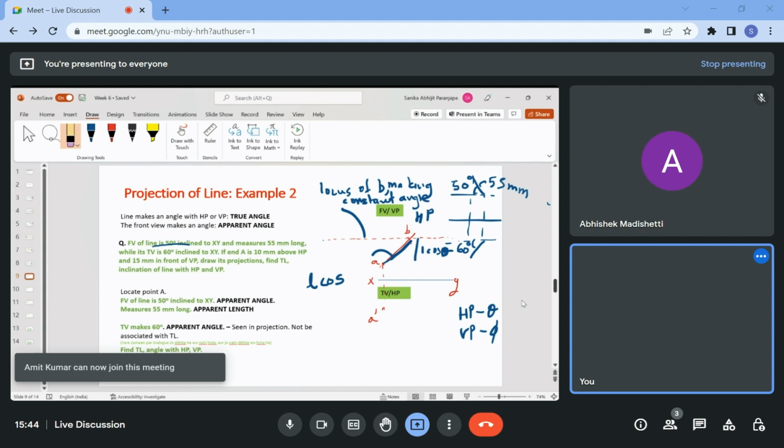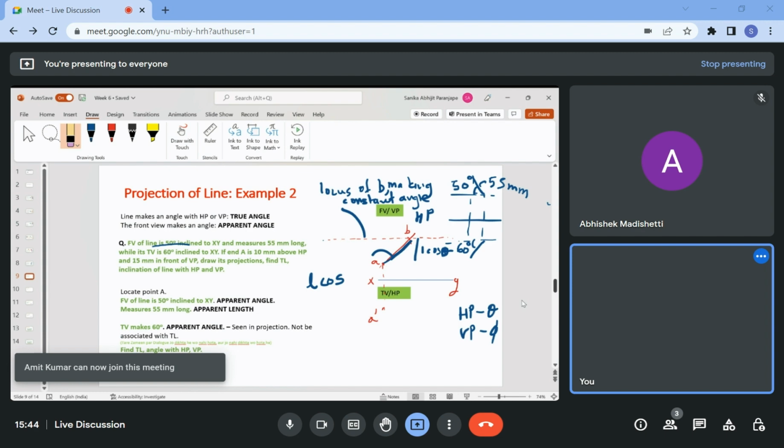So this was my top view, which was 50 mm. When I say that length of top view is 50, it actually means that if my angle with the horizontal plane is some theta, then this top view length is equal to L cos theta.